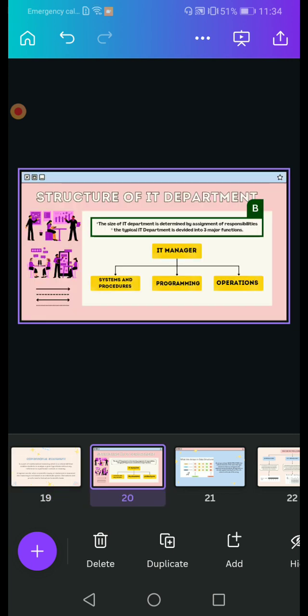Structure of the IT department. The size of the IT department is determined by assignment of responsibilities. The typical IT department is divided into three major functions: systems and procedures, programming, and operations.